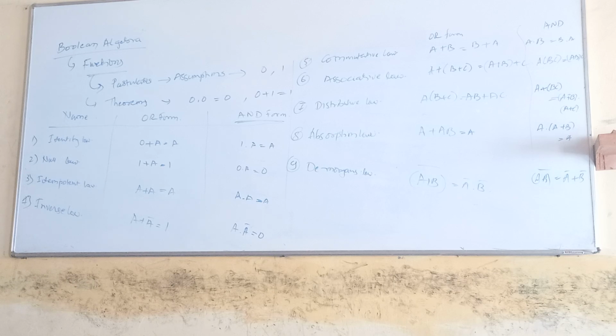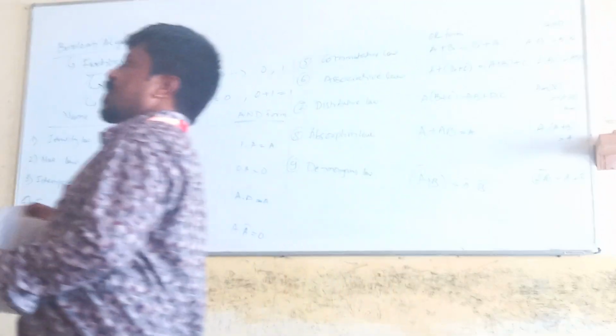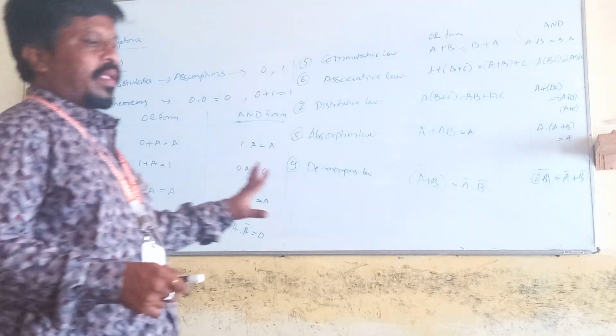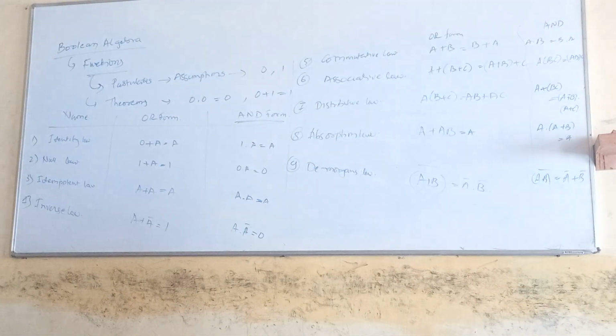Just remember there are 9 laws. I'll be dealing with simplification of Boolean functions using these theorems and postulates in the coming classes. They will ask this for 10 marks also. By using Boolean theorems and postulates, simplify the given Boolean function.